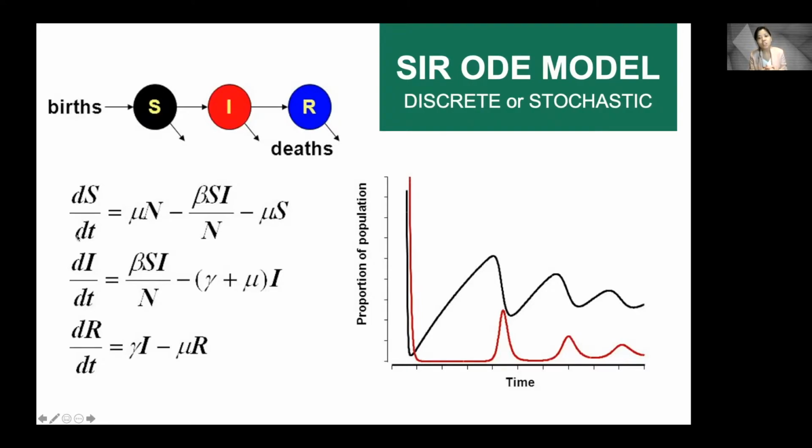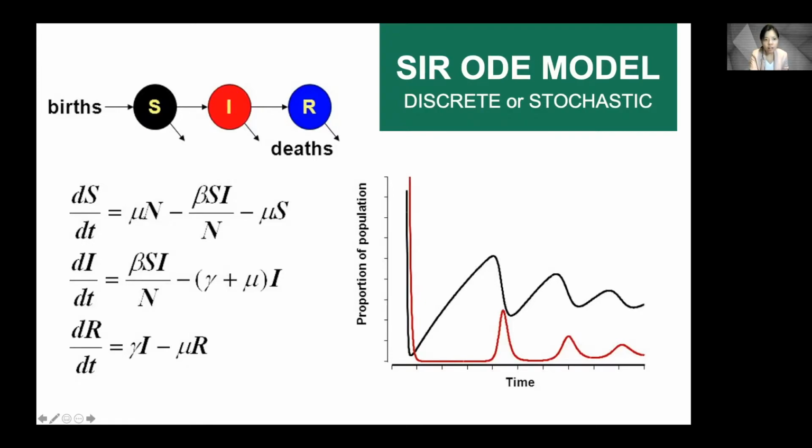This change in the population with respect to change in time is given by its own population growth, mu N, minus the rate at which it is infected by the infected population upon interaction, represented by beta S I over N. And then this is also subtracted by the natural death of the susceptible population, represented by mu times S. Similarly, you can represent it for the infected and recovered population.